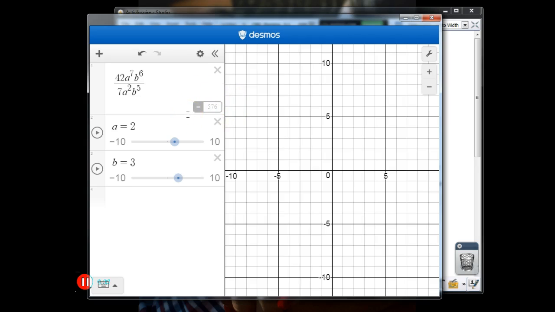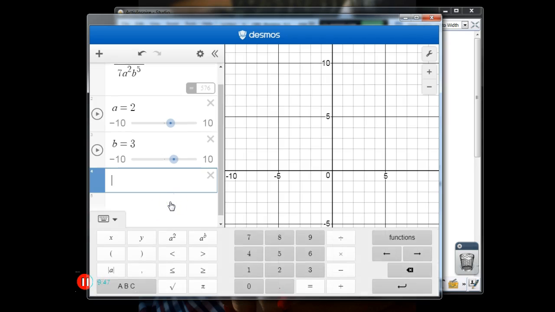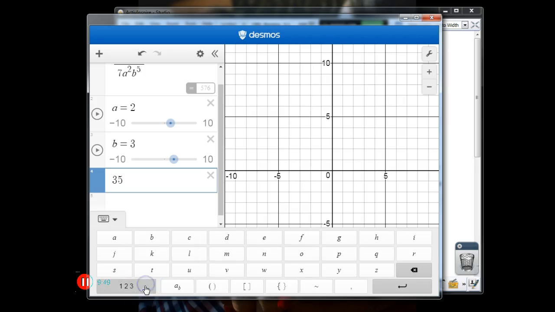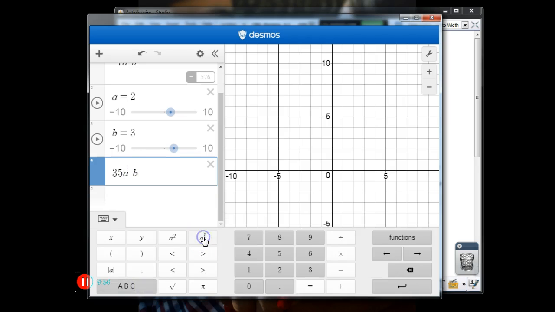Now, what you're going to do, one at a time, is type in your answer choices the same way, except instead of the x, we're going to do a, and instead of the y, we're going to do b. So, if I put 35, a raised to the fifth power and b by itself, I get 3,360.